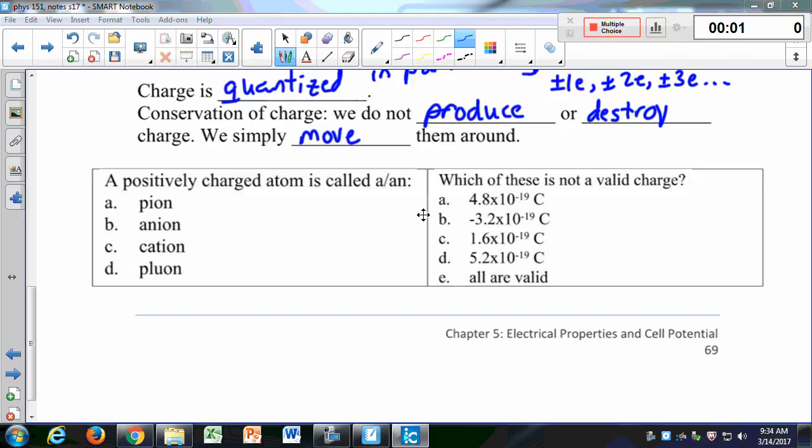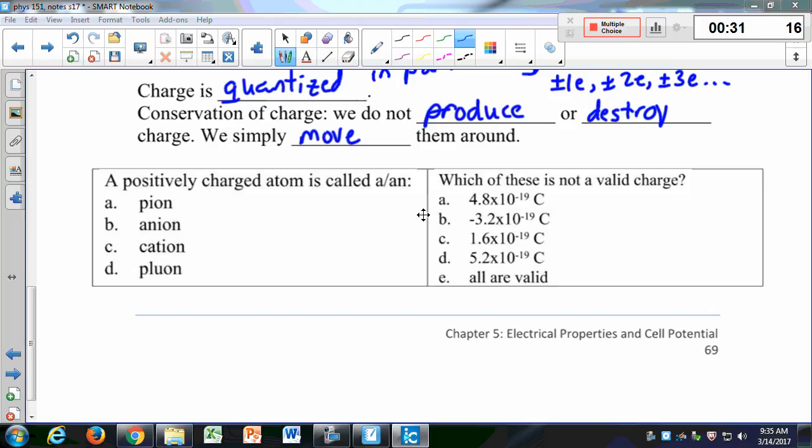Which of these is not a valid charge? Think about our quantization of charge. All right, about 7 of you have the right answer.